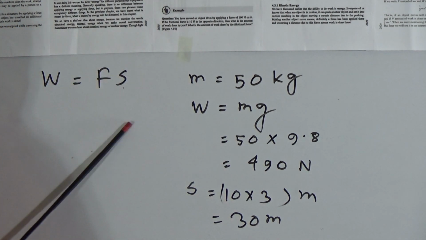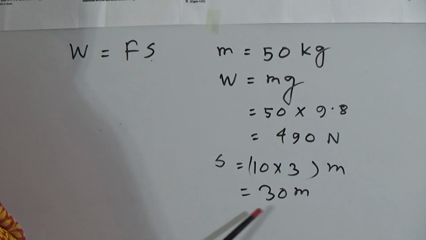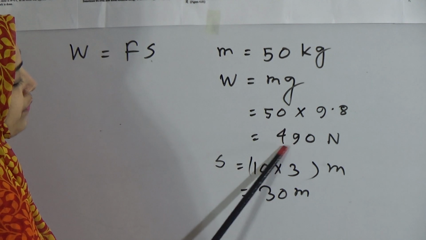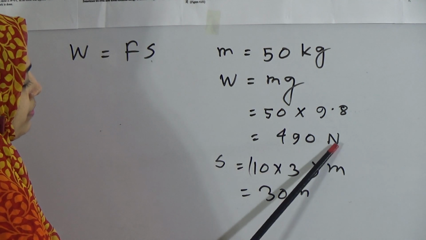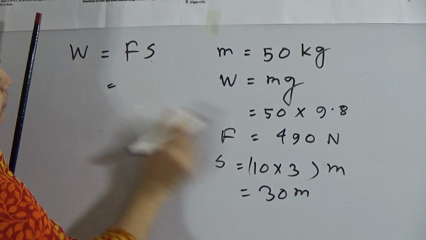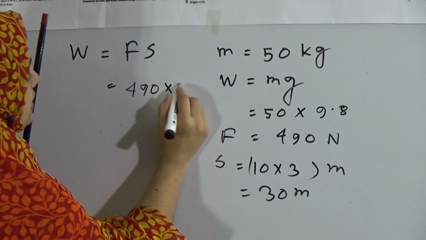So now we can easily find out how much work you have done. My dear students, here weight is 490 Newton, but this is also a force. So force is 490 Newton into S, displacement, which means 30.